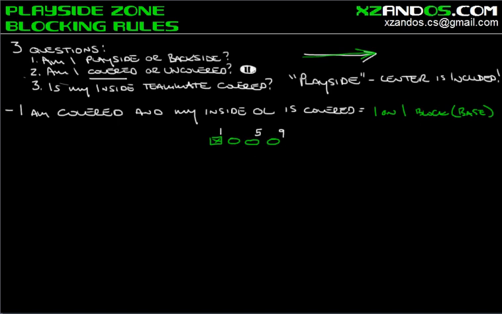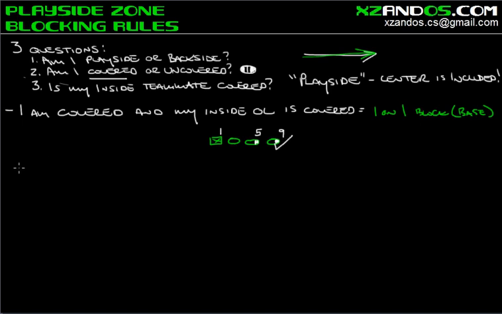The tight end says, I am covered, because he has a 9 technique, and the offensive tackle is also covered. I'm covered and my inside offensive lineman is covered, which means he has a one-on-one base block, which means this tight end is responsible to block that 9 technique.